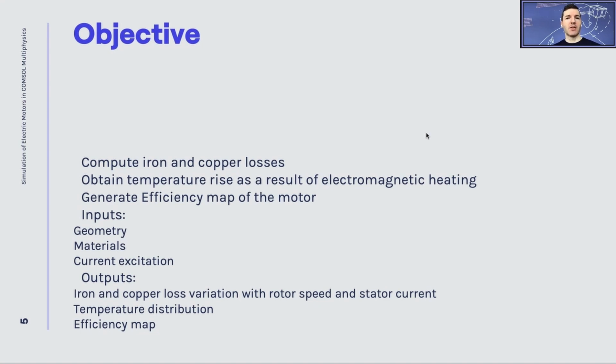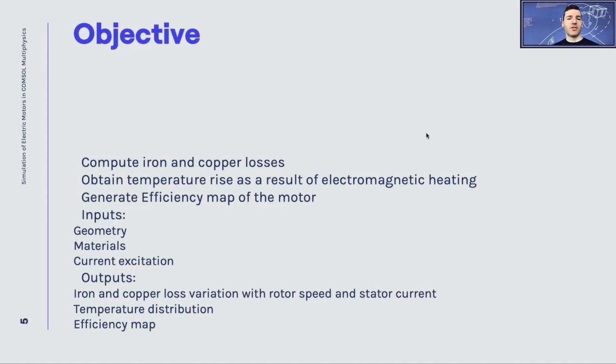Let's talk about today's objective. We will discuss how to compute losses in the iron and the copper part of the motor, and how to take temperature into account, as it can have a significant effect on the motor torque and also on the efficiency. And how to generate the efficiency map of that motor. What sort of study steps will we apply here?